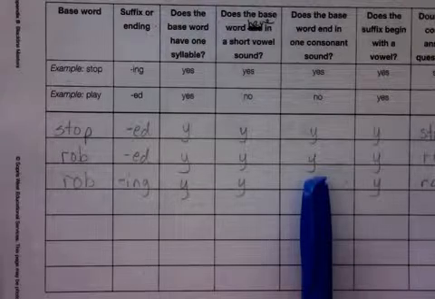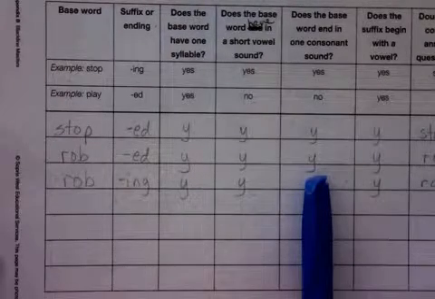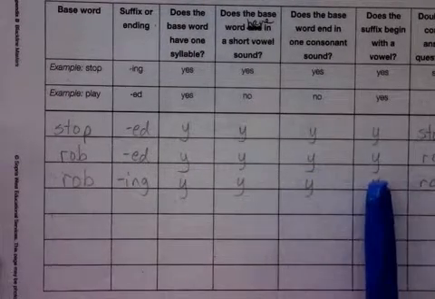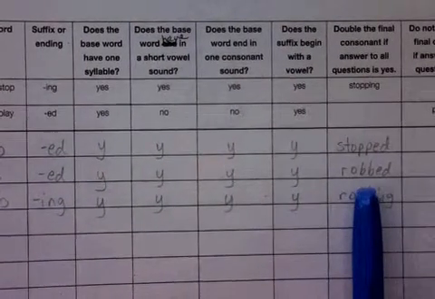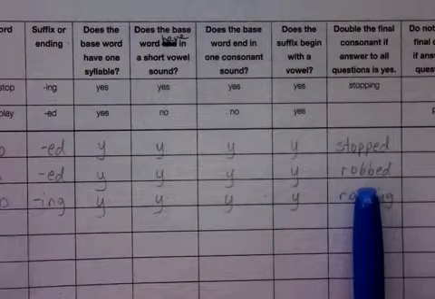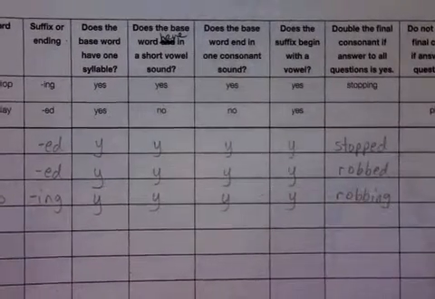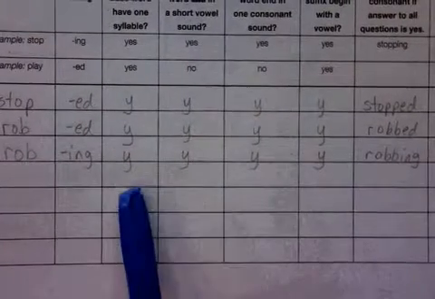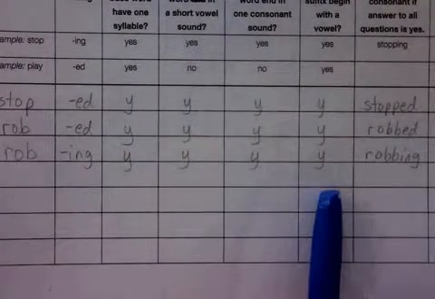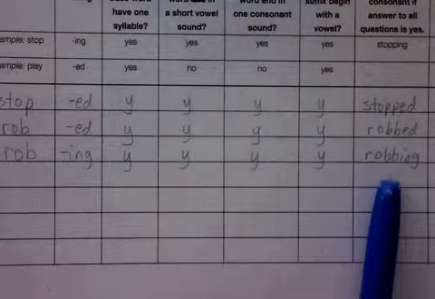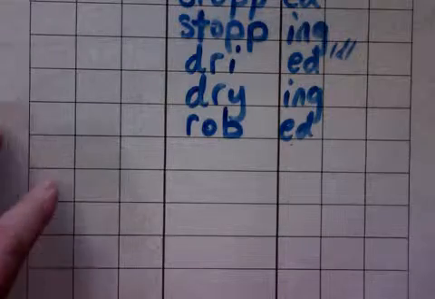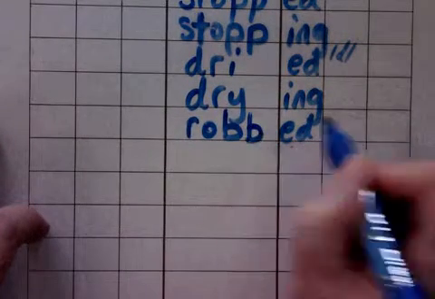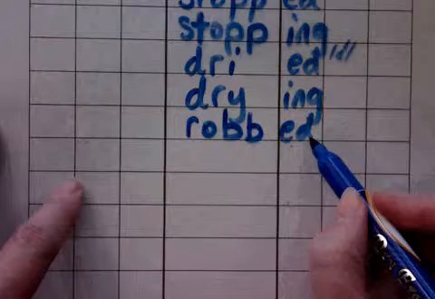It ends with one consonant sound, and the suffix starts with a vowel, so we are going to double the B and add the ed. Robbed. Let's go ahead and look at robbing. All the answers are yes. We're going to double the B before adding the ing. So we double the B before adding the ed.